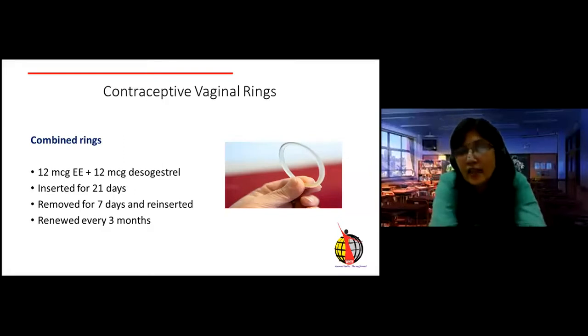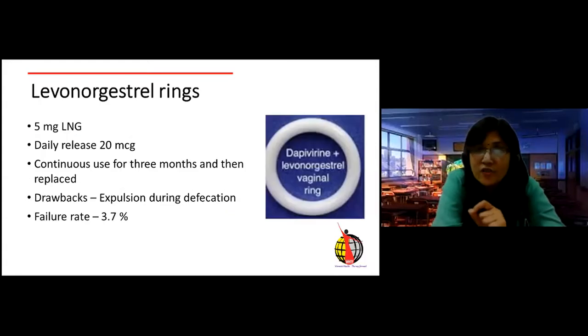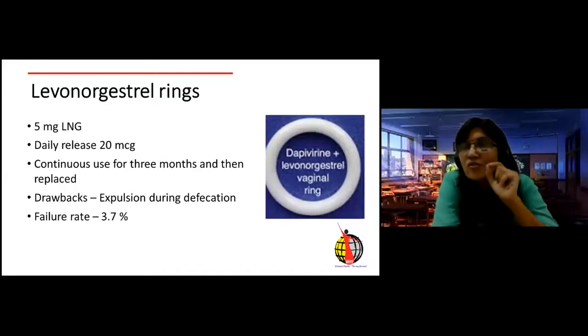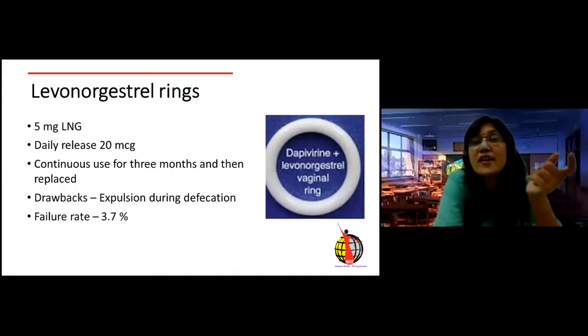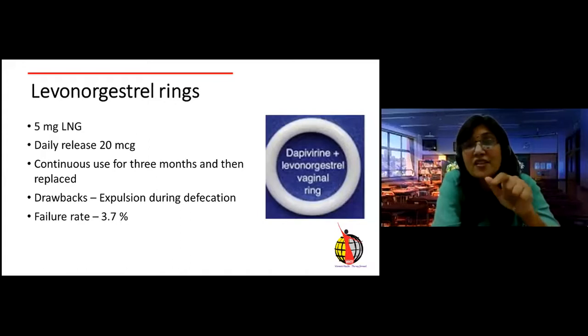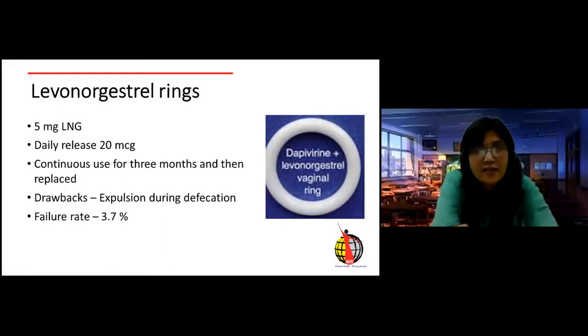Whereas in case of progesterone only, which is a levonorgestrel ring, it contains 5 milligram with a daily release of 20 microgram. Remember that the progesterone only ring can be used continuously for 3 months. What we learned in the prior slide, estrogen and progesterone combination, you have to remove every 21 days, giving a 7 day gap, whereas the progesterone only can be used for a prolonged period, that is 3 months.